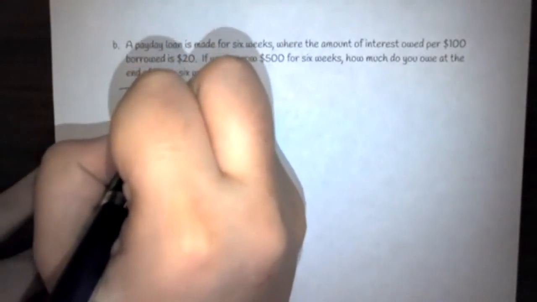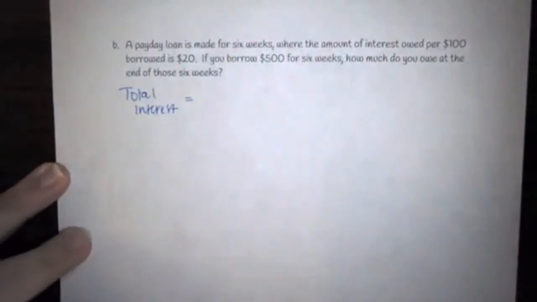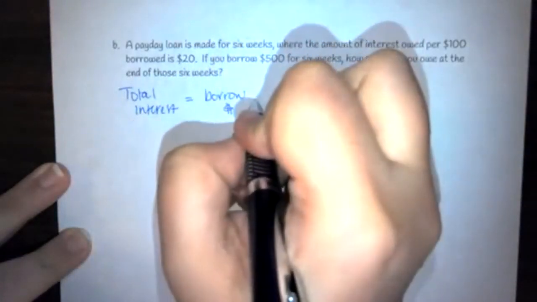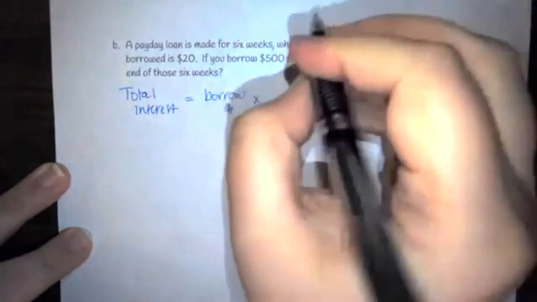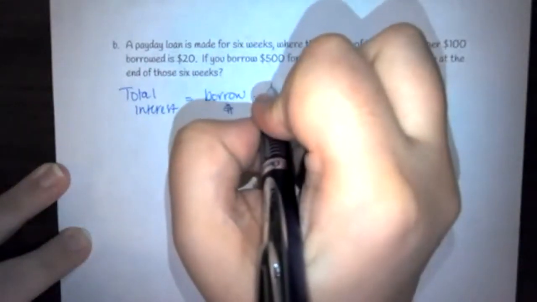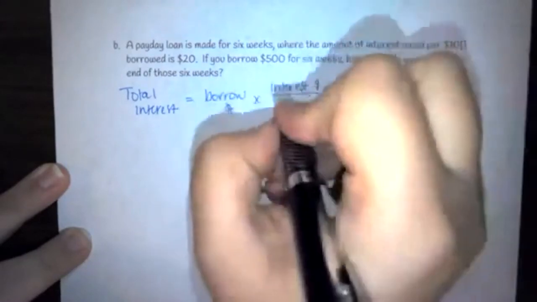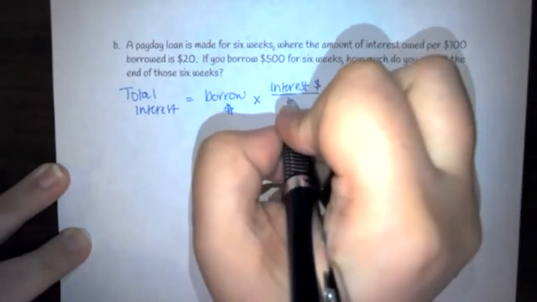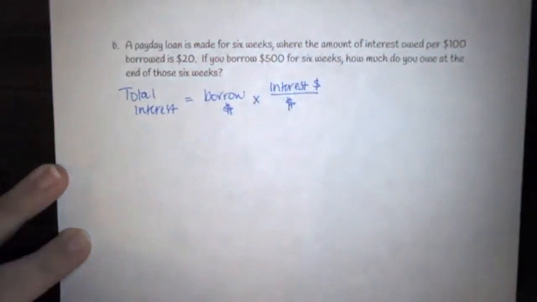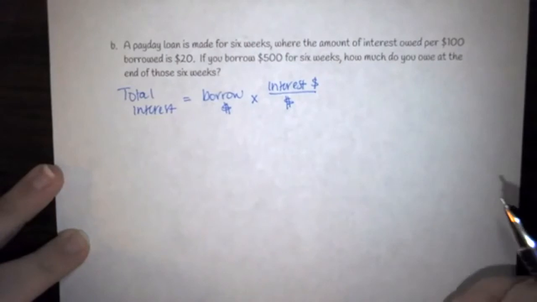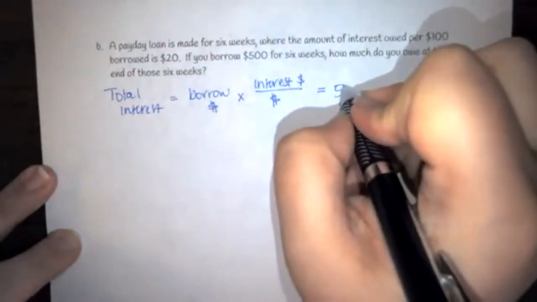Your total interest is essentially going to be your borrow amount times your interest amount per dollar amount. So I know that's a lot of dollar signs. Let's go ahead and fill it in. My borrowed amount was $500.